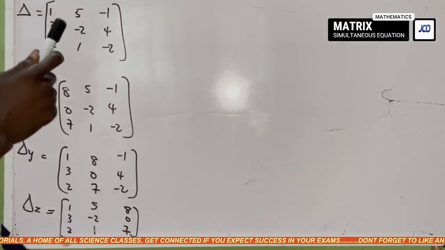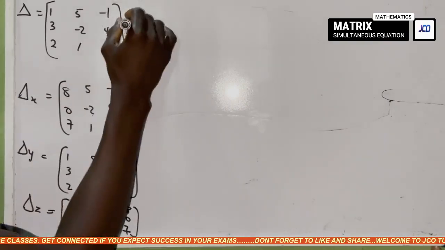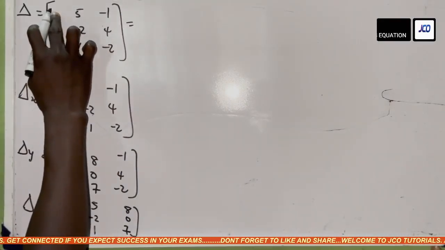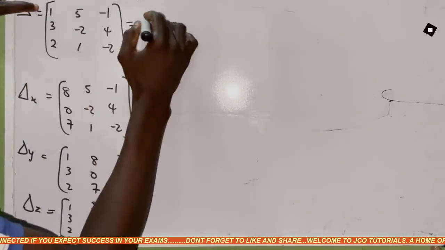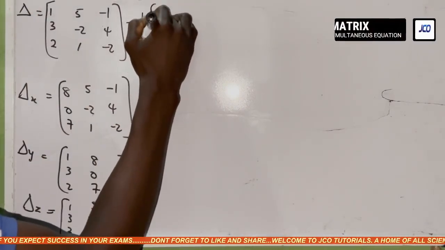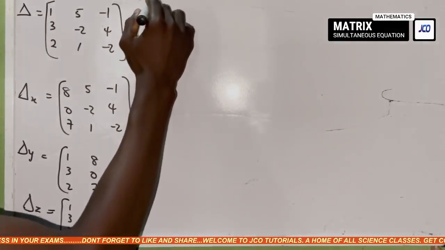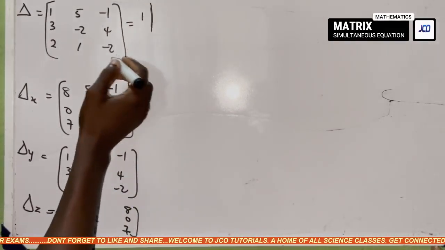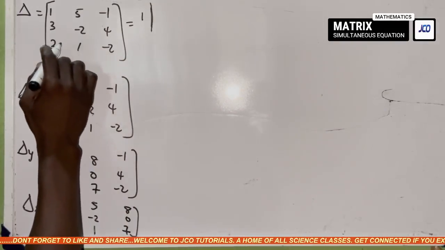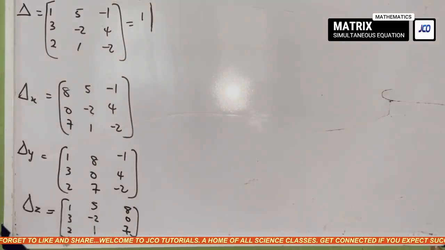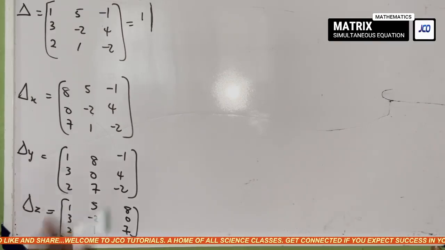Alright, so to solve this first determinant, what do we do? Take this first guy, 1, put him there, draw a straight line. The straight line stands for determinant. Then cross out the row and the column of the one you have taken.